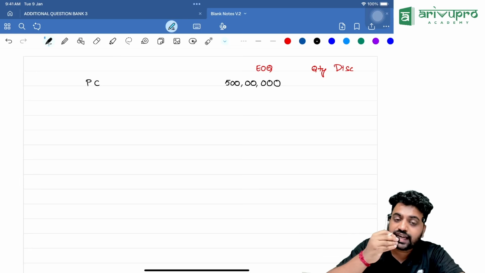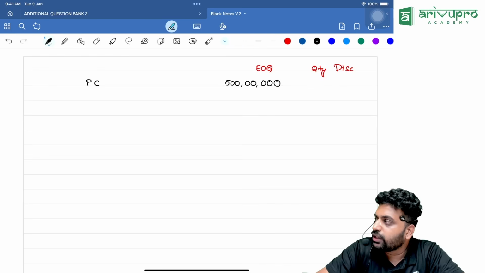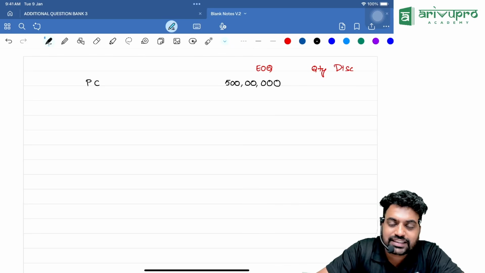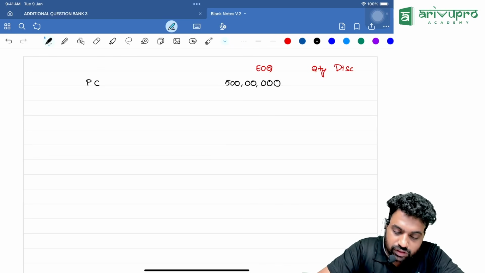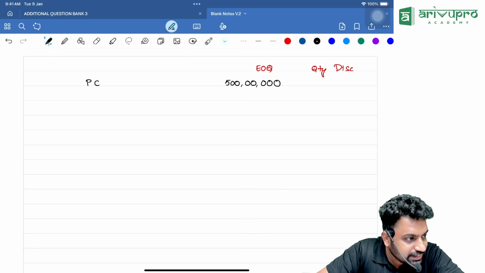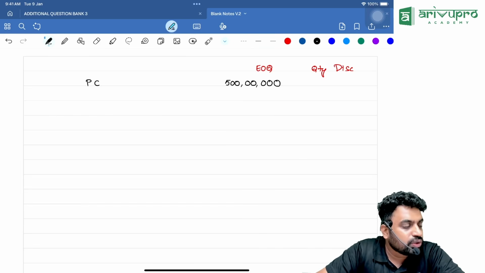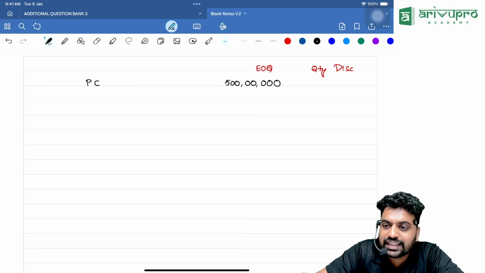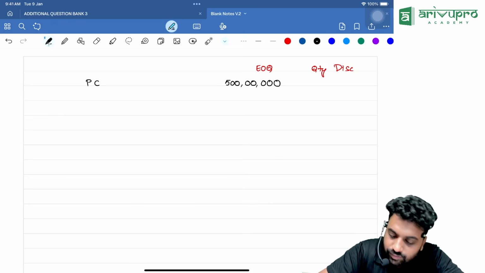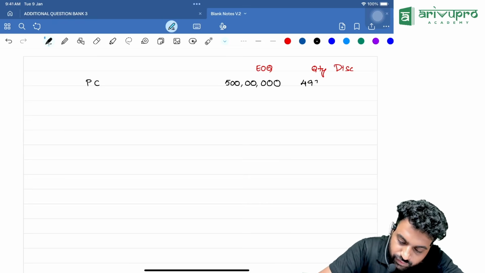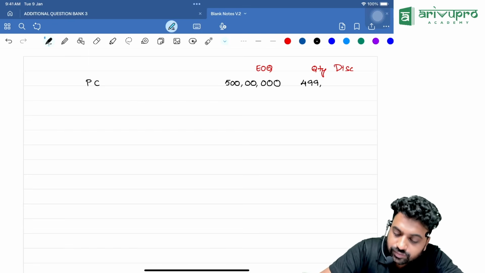In case of quantity discount, it won't be 200. It is 199.6. That is 2,50,000 into 199.6, 4 crore 99 lakhs. That's it.